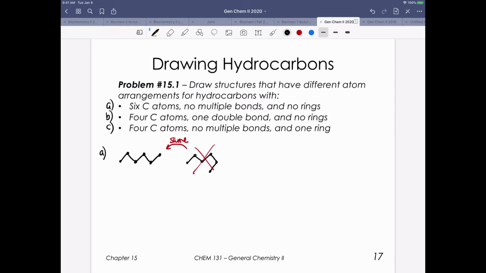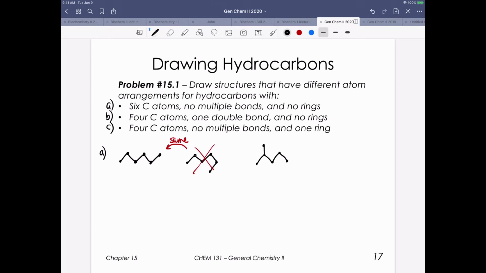So my next thing to do is say, all right, let's make 1 chain shorter. So I'm going to make 5 in a row. 1, 2, 3, 4, 5. And now I can't dangle something off the first or the last carbon because that would still make the same thing that I started with. So I'm going to dangle 1 carbon off here. That's a new molecule.